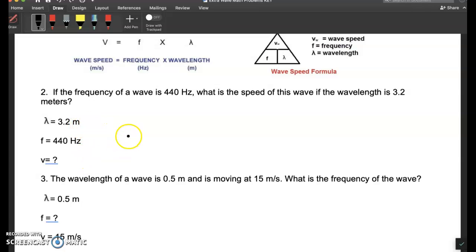Okay, so now what I know is that v is equal to, and if I'm using a triangle I covered up, it's frequency times lambda, or it's listed right here.